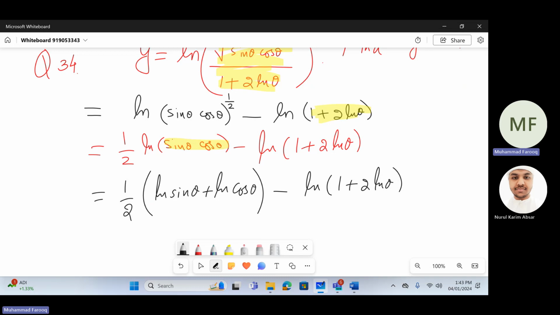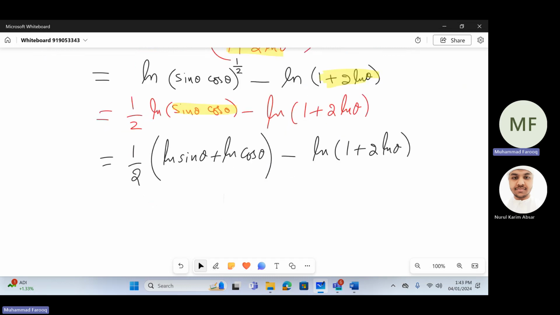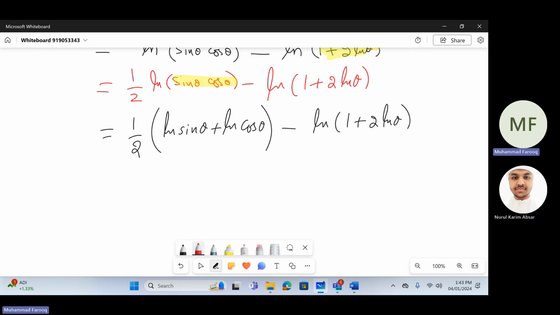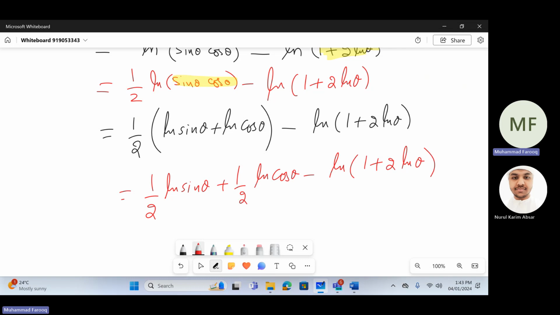It's up to you, you can again distribute the one half with each term, so that we get a more simplified form of the question. I have 1 by 2 ln sine theta plus again 1 by 2 ln cosine theta, then minus ln with the argument 1 plus 2 ln theta.